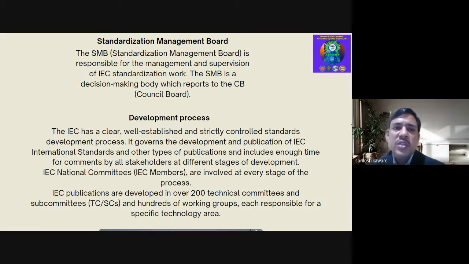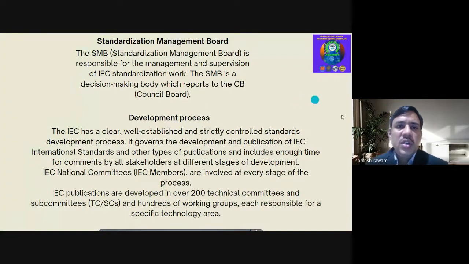Committee members change with time, and whenever new methods come into the market, they revise the standards as per the present situation and industry requirements, but only through the committee or management board.